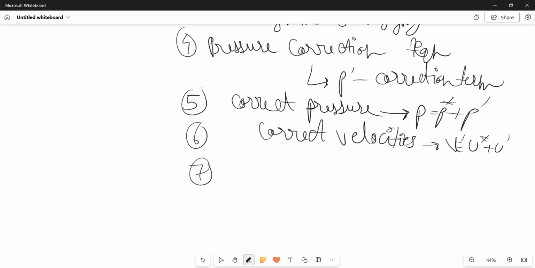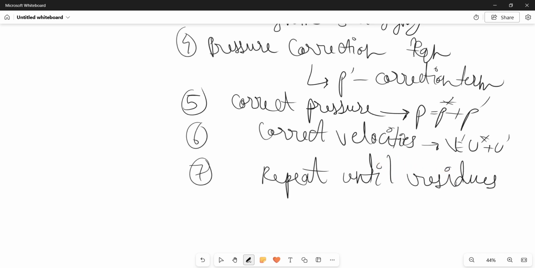Then you repeat the same process until residuals are small. So what are residuals? For now you can kind of say it's the error or how far it is from converging.